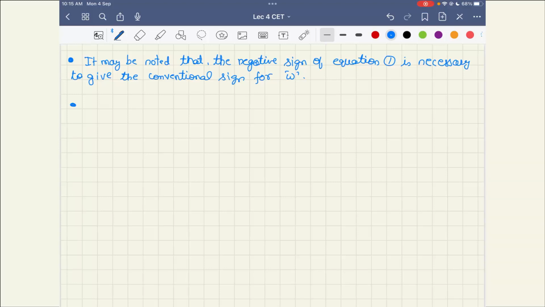It is positive for compression as work done on the system, and hence Vf minus Vi will be negative, so that the negative multiplied by negative will be positive. However, if the external pressure is slightly less than the pressure of the gas, that is P external is less than P, the gas will expand, that is the work done will be by the system on the surroundings. In that case, Vf is going to be more than Vi, and hence delta V is going to be positive, and therefore W, that is work done, will be negative as per our convention, right.